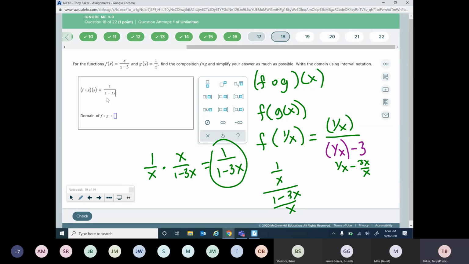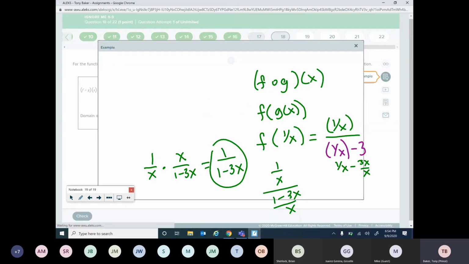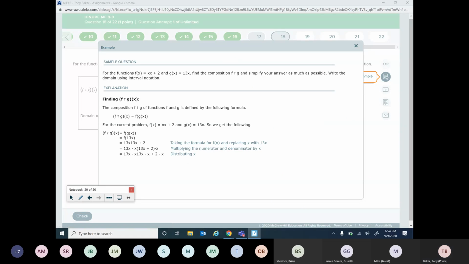Now, we need to find the domain. So the domain is actually going to be the restrictions from the final answer. Actually, let me check something real quick, because I believe on this one, it's actually not just the final answer, but I want to make sure.